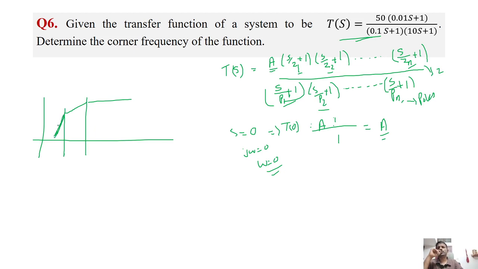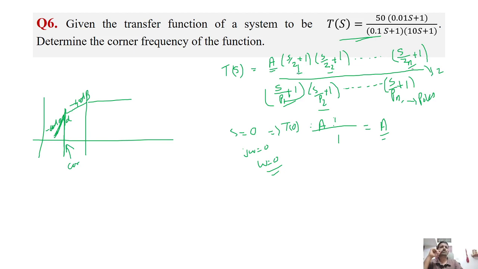Say this is minus 60 dB per decade, and this is say minus 40 dB per decade. So there is a change in this roll off per decade. At what frequency it happens, that is known as the corner frequency. So this is the corner frequency. So we have to find the value of this corner frequency.